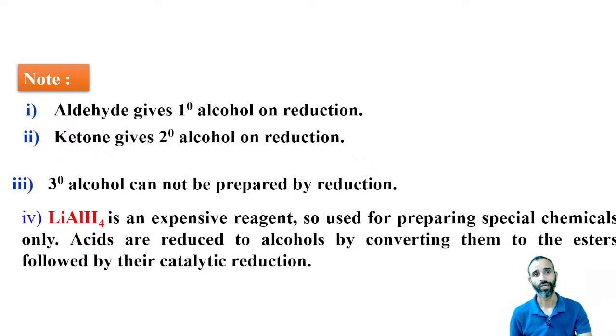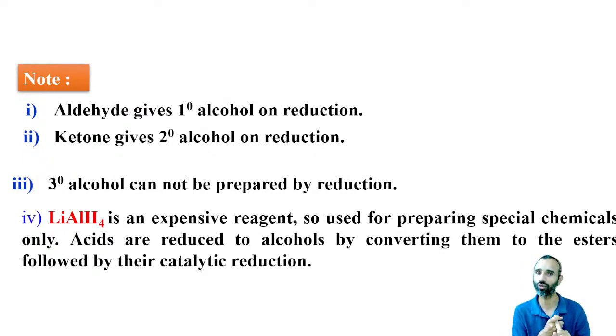Actually, if we reduce an aldehyde, there is addition of hydrogens only. So to prepare tertiary alcohol, we should have 3 alkyl groups on the carbon attached to OH. Only aldehyde and ketone react.